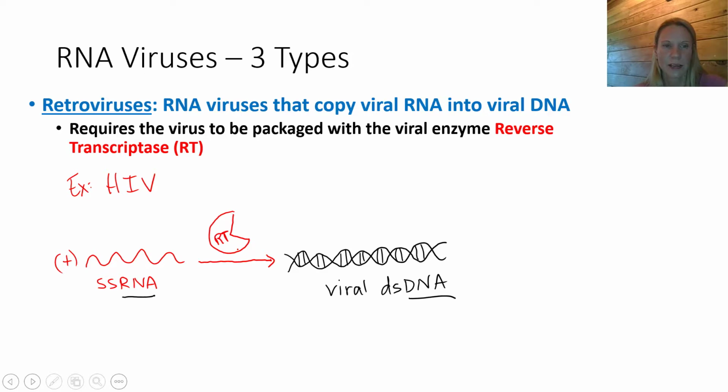And it does this because many retroviruses, like HIV, actually integrate their DNA into the cell's chromosome and go through a latency period. And in order to go into a latency period, it needs to copy its RNA into DNA in order to do that step.